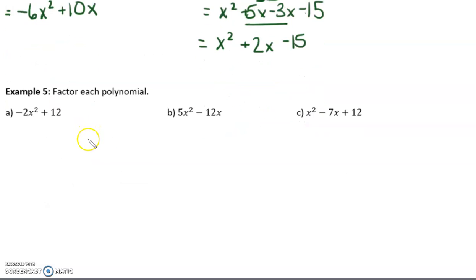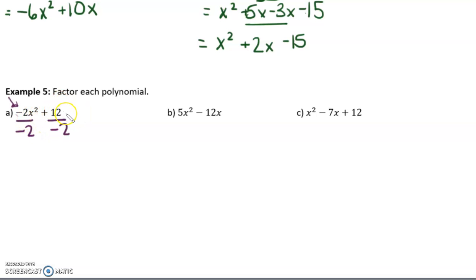Okay, example 5, factor each polynomial. So when we factor, what we want to do is, for the first two here, a and b, we want to find a number that both terms divide by. So we can divide -2 and 12 by -2. Okay, if this leading number is negative, we always want to pull that negative out.